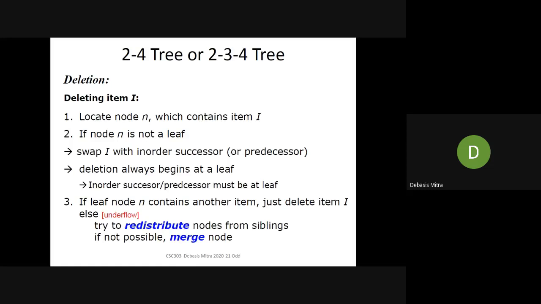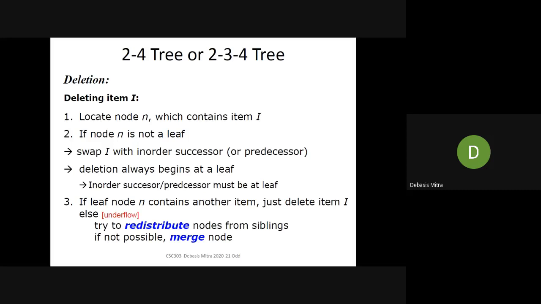Since B tree is built on M-way search tree, we need to ensure the M-way search property, and accordingly, as we have already seen, it is a natural extension of the binary search tree, so we can here also find the in-order successor or predecessor.